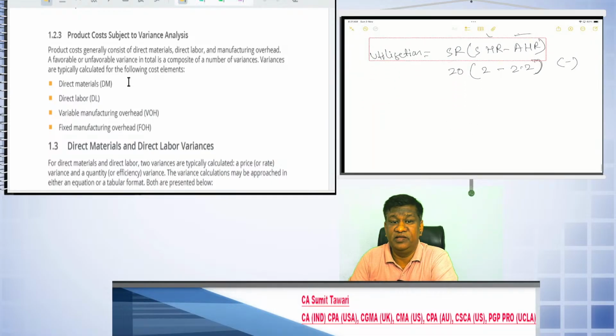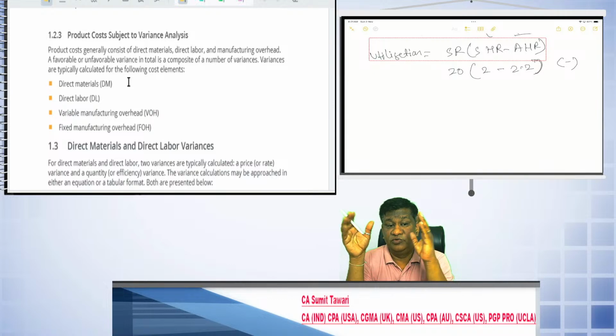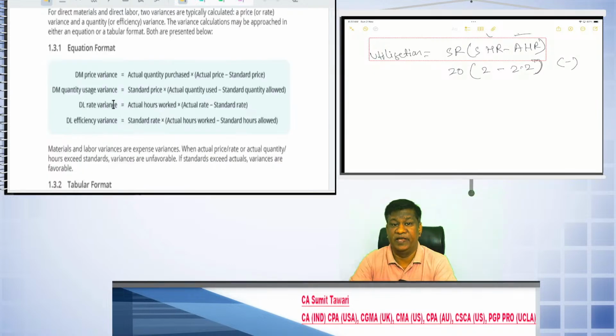Clear here? That means direct material and direct labor. Just keep in mind, if you are calculating the price variance or the rate variance, it is price in the case of direct material and rate in the case of labor. So you need the difference in prices or rates.